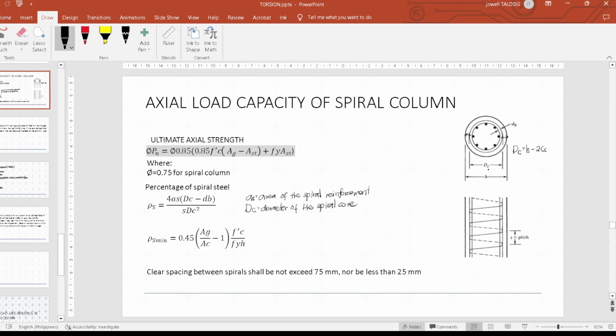So, yan yung dc natin. So, that is diameter of outside to outside of the spiral reinforcement. Alright, so next is the db. So, db is the diameter of our spiral reinforcement.